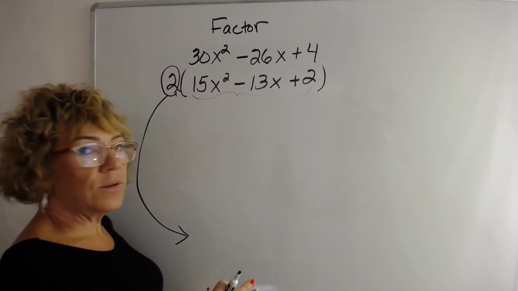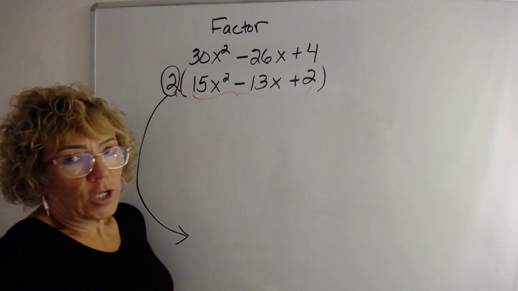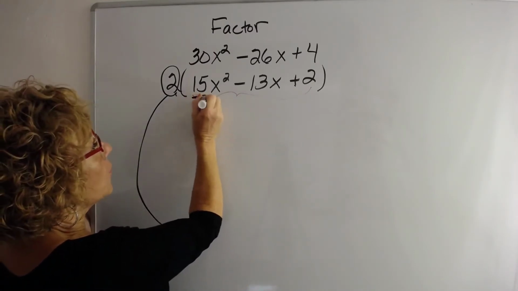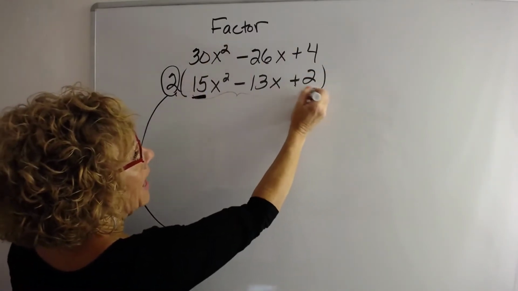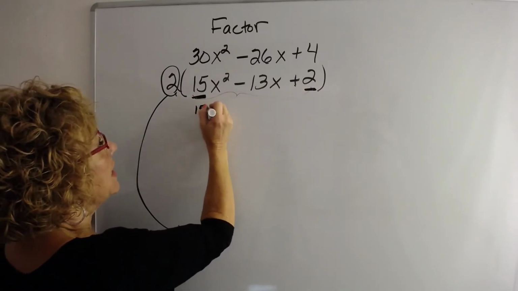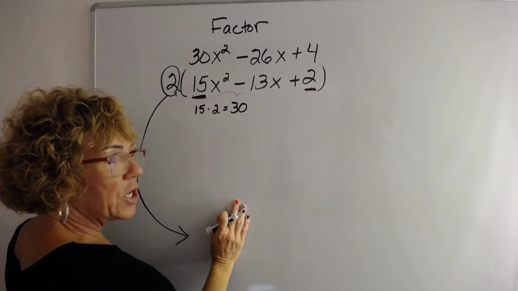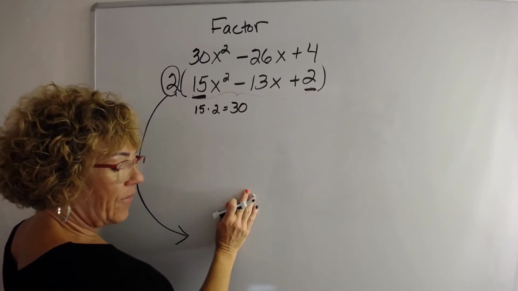When factoring using the AC method, or an alternative method, we begin by multiplying the first coefficient by the last. So 15 times 2 equals 30. Next, we're going to list the factors of 30.